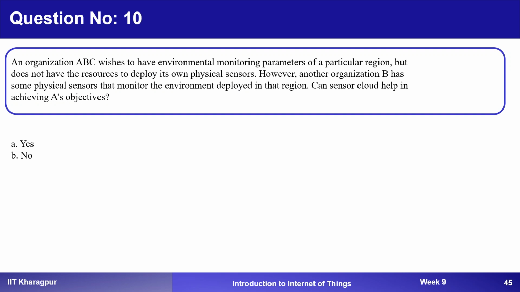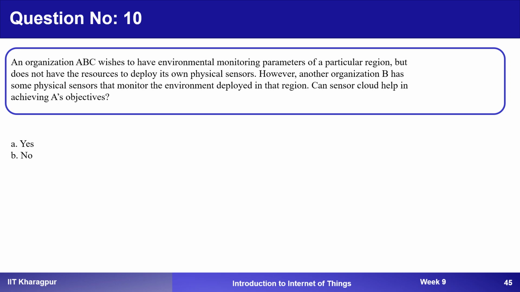Next question is, an organization A wishes to have environmental monitoring parameters of a particular region but does not have the resources to deploy its own physical sensors. However, another organization B has physical sensors that monitor the environment deployed in that region.